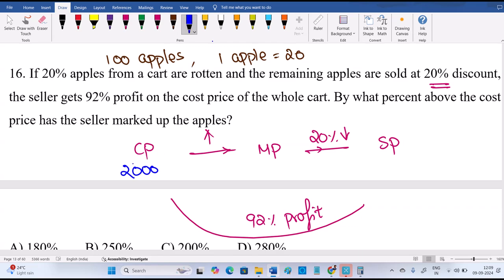Listen, listen. Now 92% profit means selling price should be 192% of cost price. 192 divided by 100 into 2000. Those things will get cancelled. We'll get 3840. That is after the 20% discount.